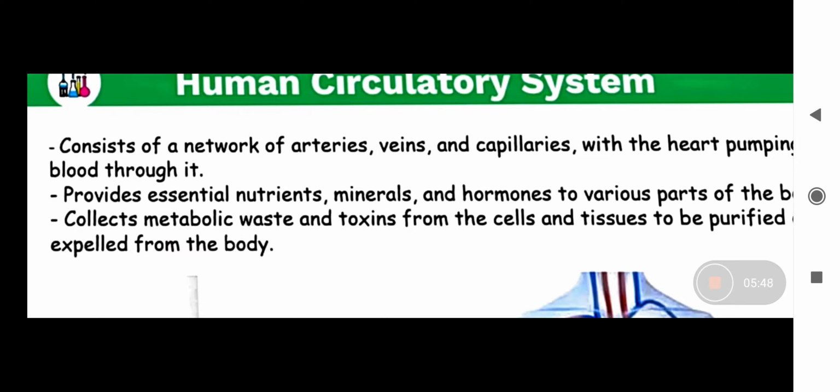So, the human circulatory system consists of blood, blood vessels, and the heart, right?